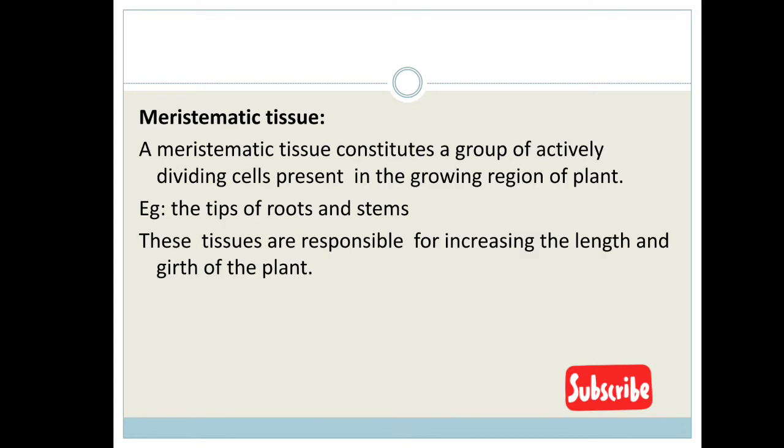The meristematic tissue constitutes a group of very actively dividing cells that are present in the growing region of the plant. The growing region is the tips of the roots and the tips of the stem. This type of tissue is responsible for increasing the length and girth of the plant.